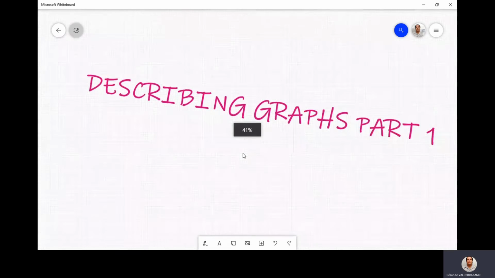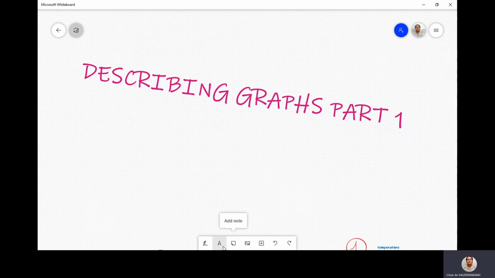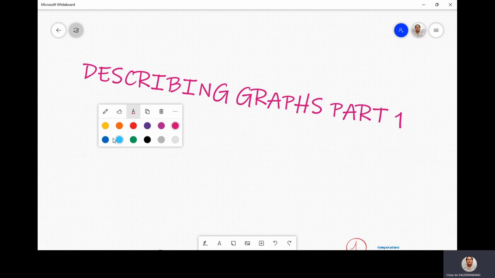Describing graphs, part one, we need to consider three important things. Number one, that is elements. Elements describe categories, aspects, whatever you want to call it.